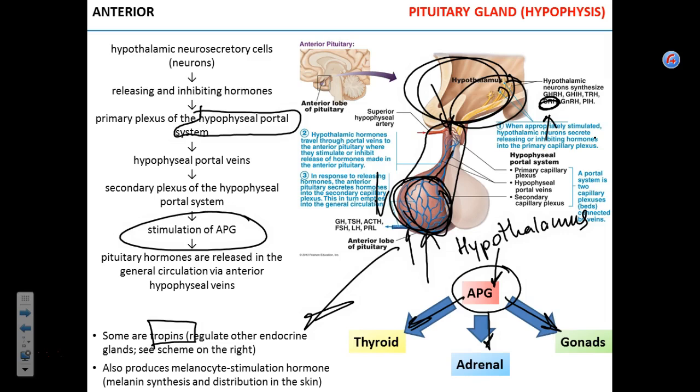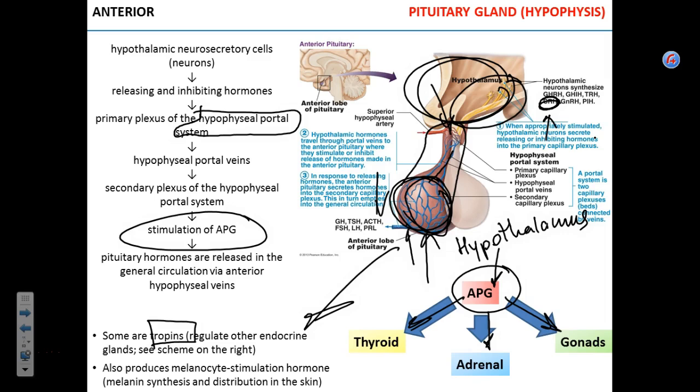And you will see that regulation of those hormones has a lot in common between those axes. Does that make sense? I'm trying to unfold this again because it's so interconnected.